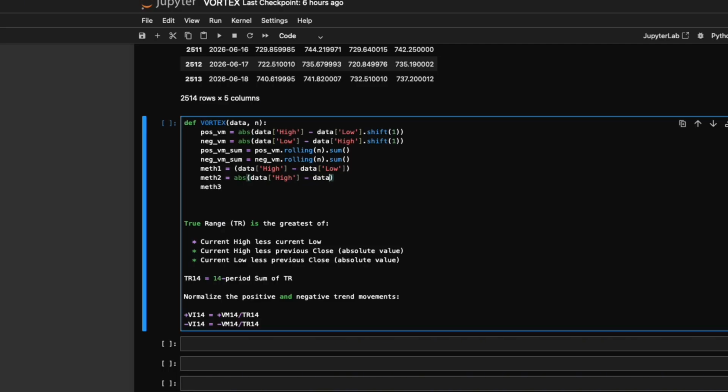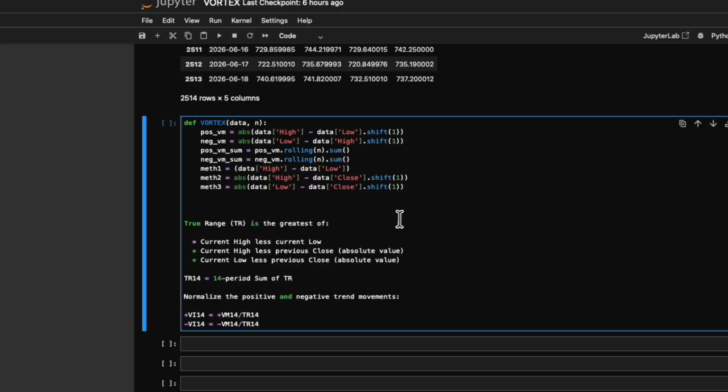So that would be our close. And again, we'll use the shift method to take the row before. And then method 3 then would be, in fact, we can just copy that, can't we? Okay, and that would be the current low minus yesterday's close.